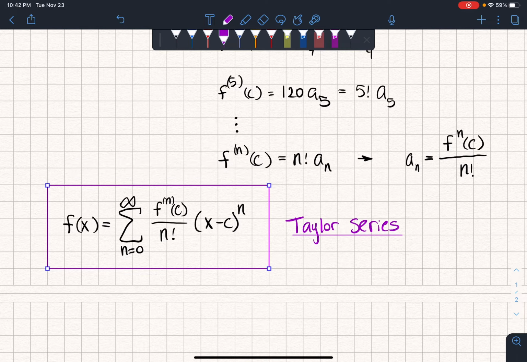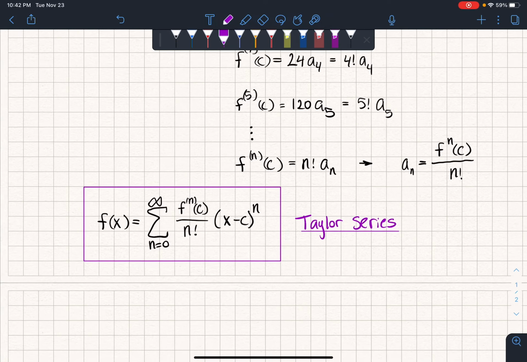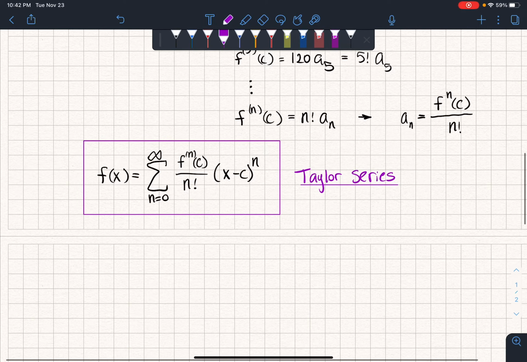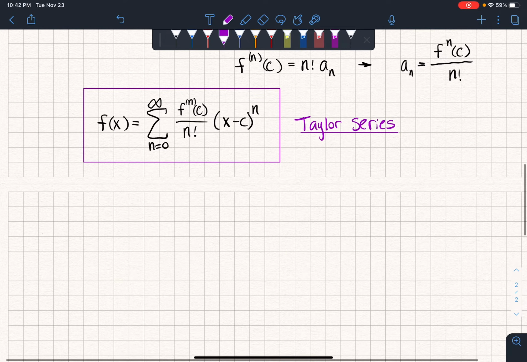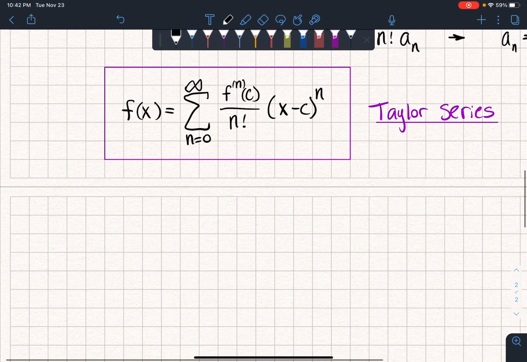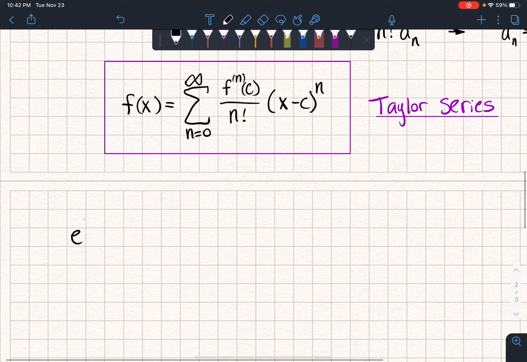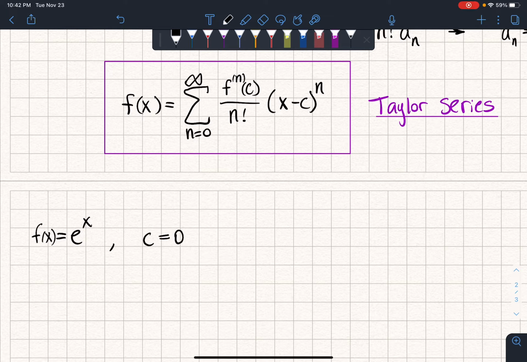Let me just finish with one very quick and definitely the easiest example. Let's consider the function f of x equals e to the x. Let's try to come up with a formula for its Taylor series expansion, and I'm going to select the point c equals 0, so centered at 0.